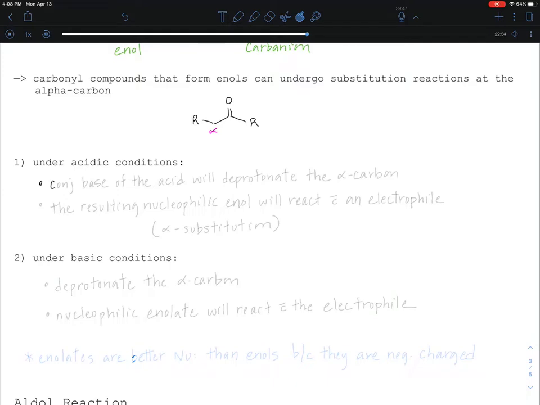The conjugate base, I should say, of the acid. It's sometimes water, so that's fair. It will deprotonate the alpha carbon.